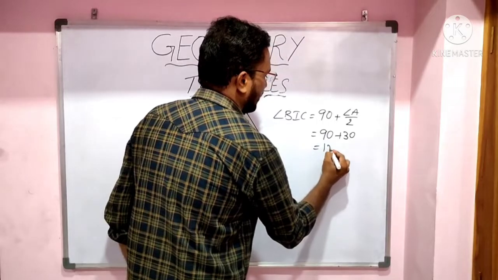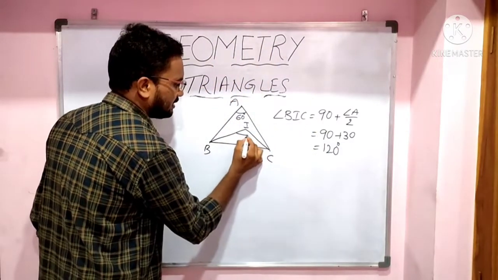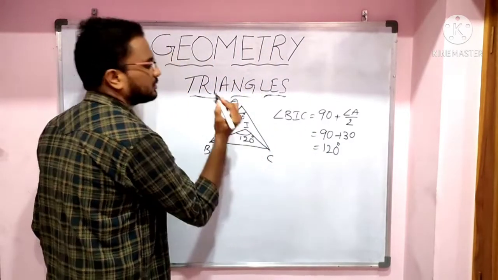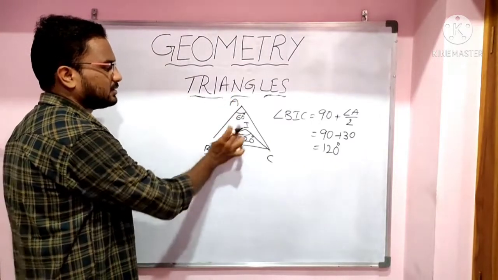So the answer is 120 degrees. So angle BIC is equal to 120 degrees. Like this we will find this angle.